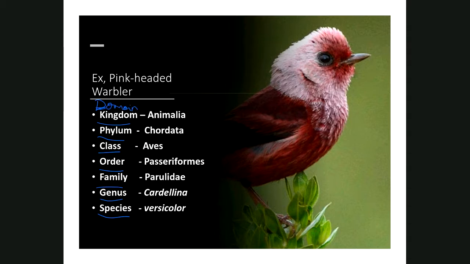Domain Eukarya. Right, so this little bird is in the same domain as Euglena, or a paramecium, or amoeba, or plants, or fungus.